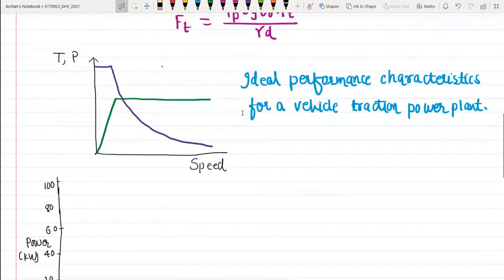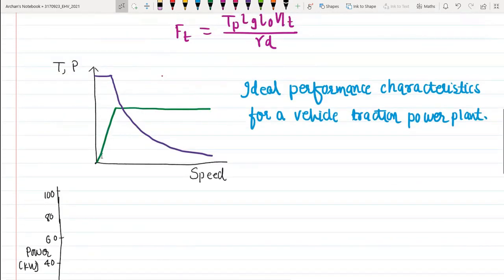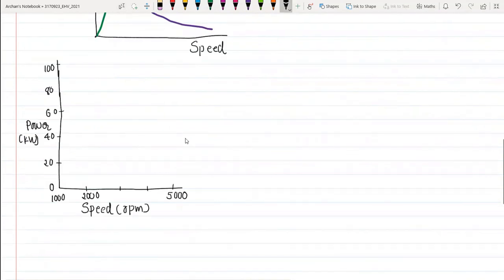Actually this should be the ideal power curve, right? The one with the green line. And whenever we talk about the gasoline engine, the power curve will be somewhat like this. Okay, this will be the power curve in case of gasoline engine.